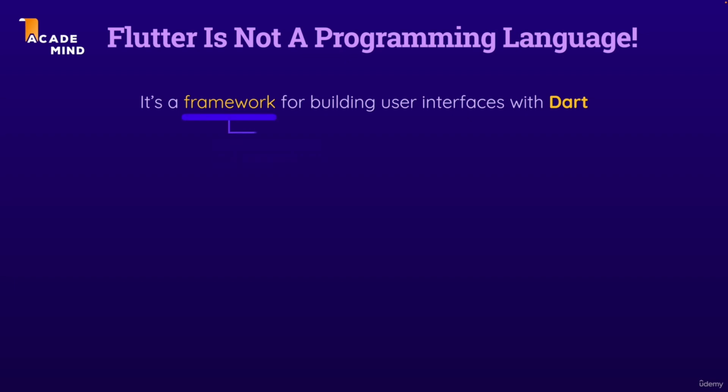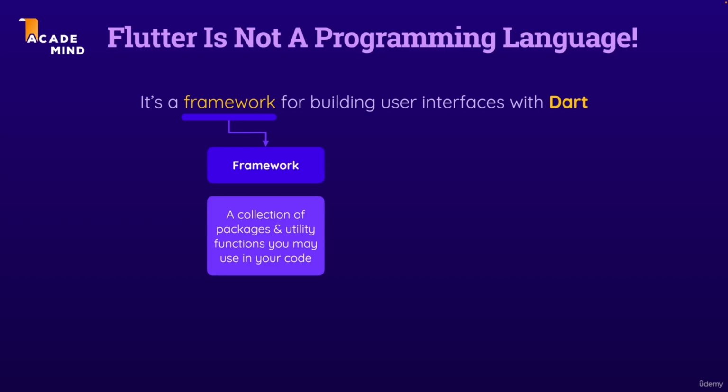Now, what's a framework? Well, a framework is simply a collection of packages and utility functions and functionalities, and generally speaking, things that you can use in your code. Like, for example, some pre-built code that you can add to your code to make sure that a button is displayed on the screen. That's what the Flutter framework gives you.